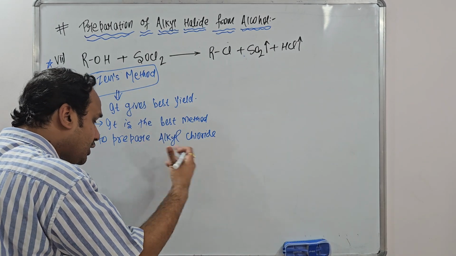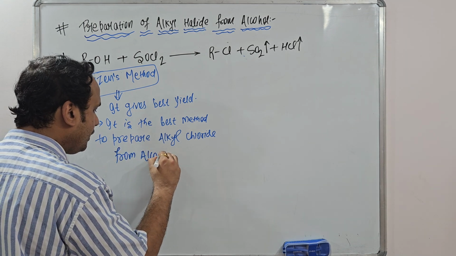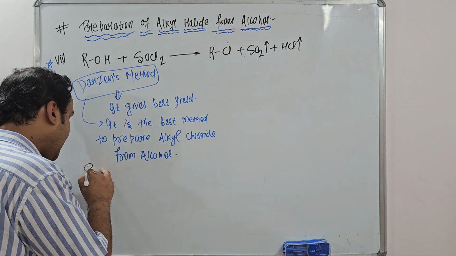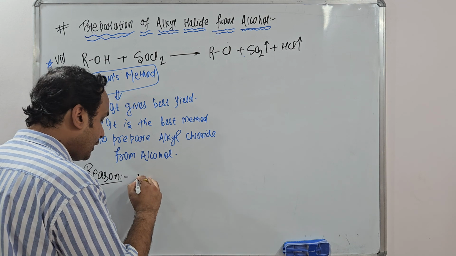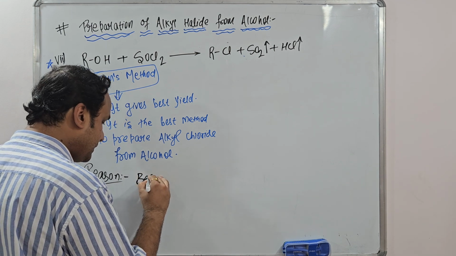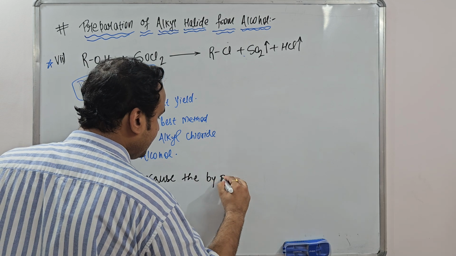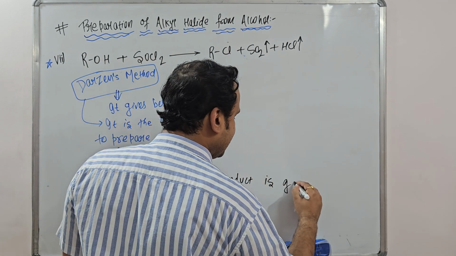So it is the best method to prepare alkyl chloride from alcohol. The question arises, what is the reason behind it? So you will say, the reason is that the byproduct you will get over here is gaseous.